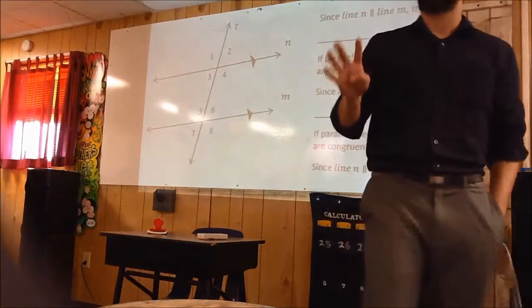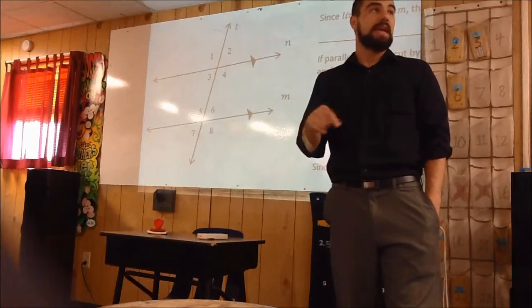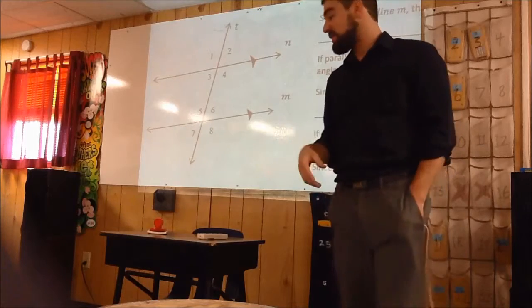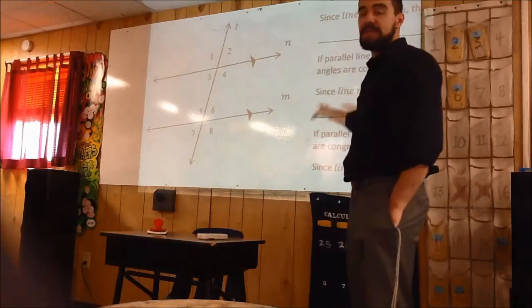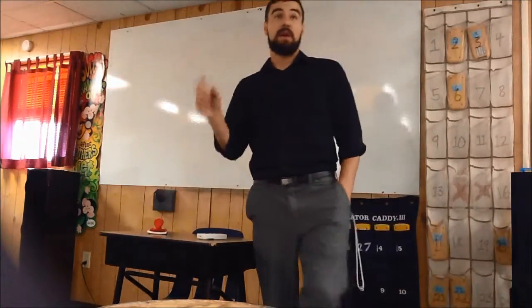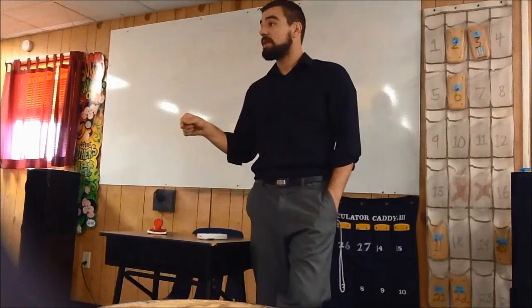We're going to learn 4 theorems today. And each one of those theorems involves one of those new special classifications of angles. They're all written on the right-hand side of your notes as a conditional statement. They're in the if-then form.